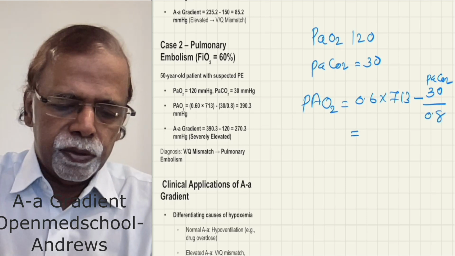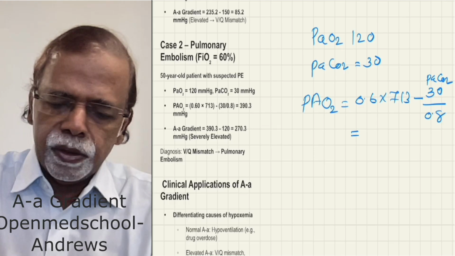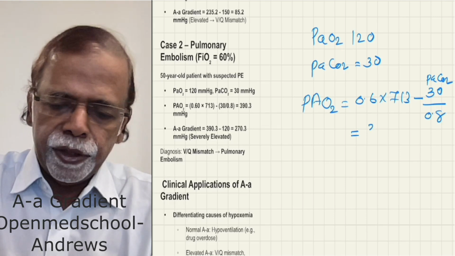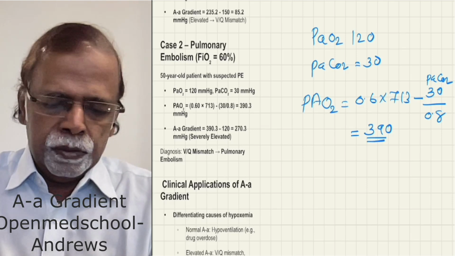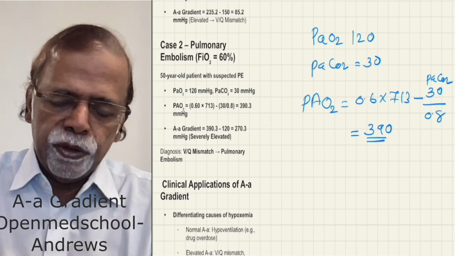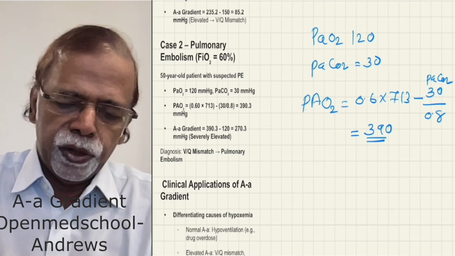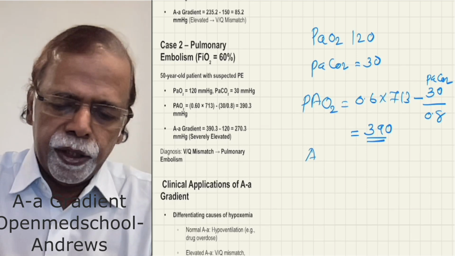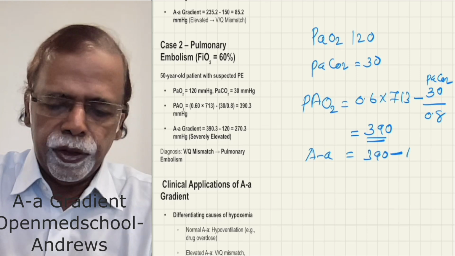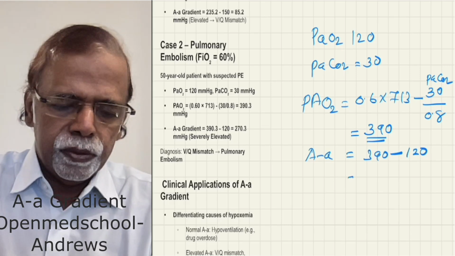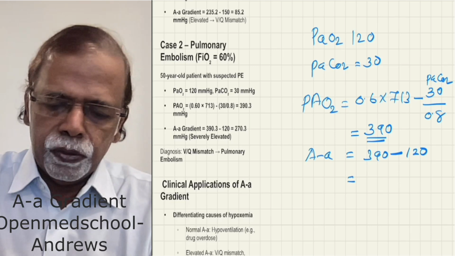This will be equal to around 390. PaO₂ is 120. So the AA gradient is 390 minus 120, which is equal to 270.